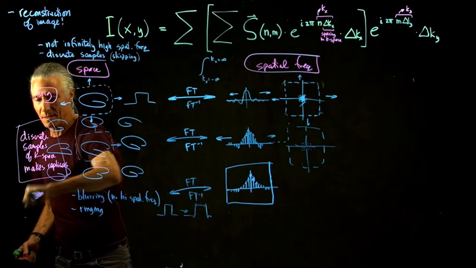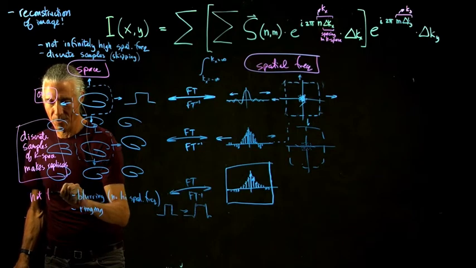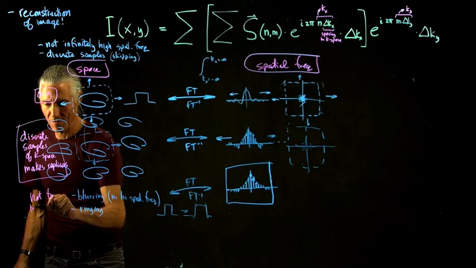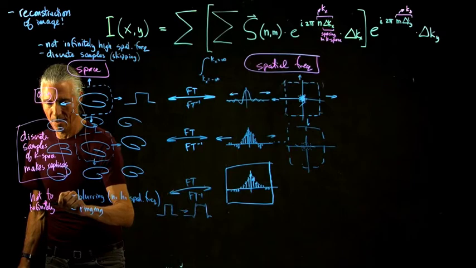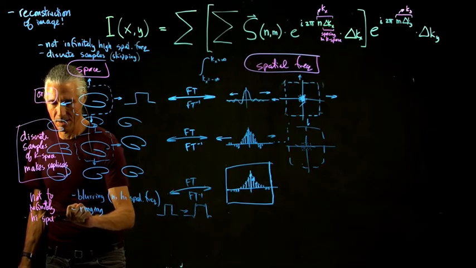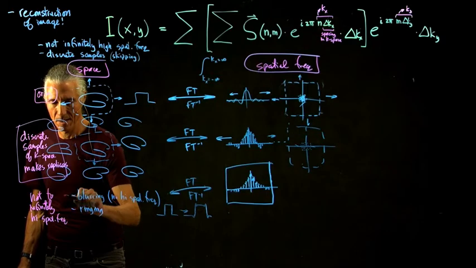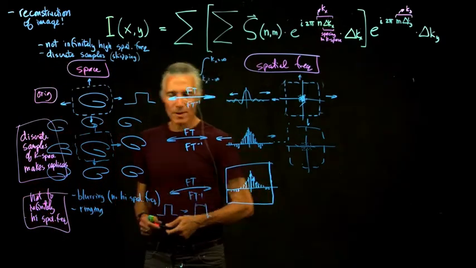Okay, and so this is we get blurring. So this is discrete sample. This was not to infinitely high spatial frequency. But there's another thing that could happen.